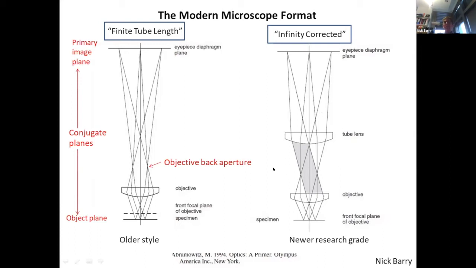What this allows you to have is this gap between the objective and the tube lens that you're free to put things in. You're also free to vary this distance. This is useful if you want to build a microscope platform that has lots of different modes. It could be a white light microscope. You could insert a whole bunch of optics in here for doing fluorescence microscopy.